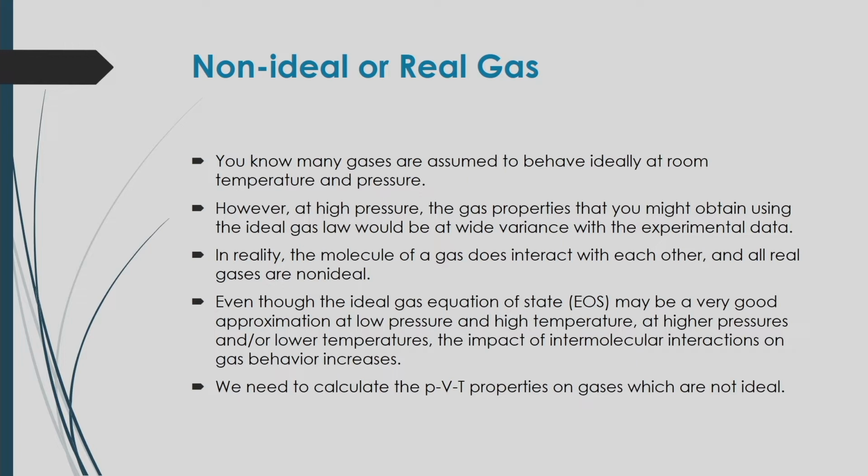What does it mean here? We have used the ideal gas equation to represent ideal gas behavior, but if we consider the ideal gas equation of state for calculating the behavior of real gas, you will see we get some approximated value at low pressure, but at higher pressures you will not get the same value.